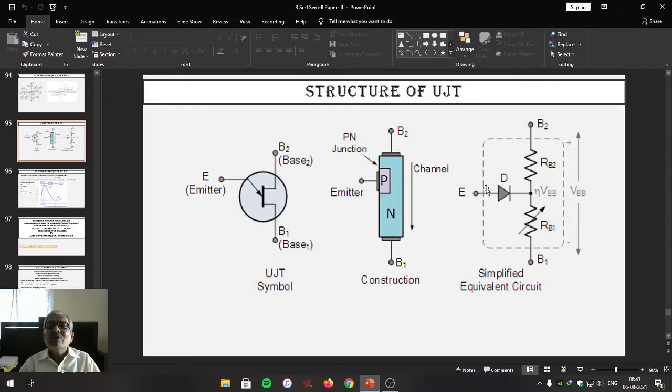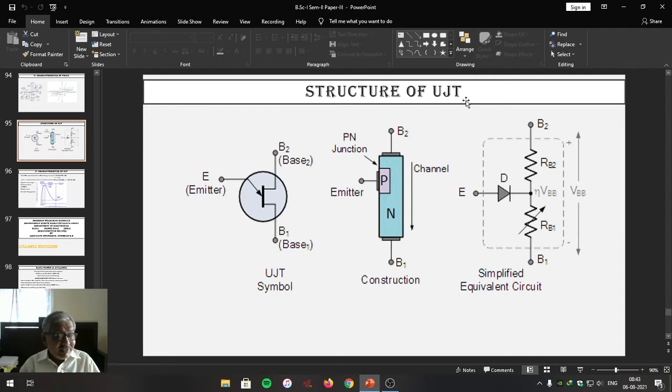Today we are going to study one more and last device in power devices, and that is known as UJT. UJT means uni-junction transistor. Friends, up till now we have studied so many types of transistor.